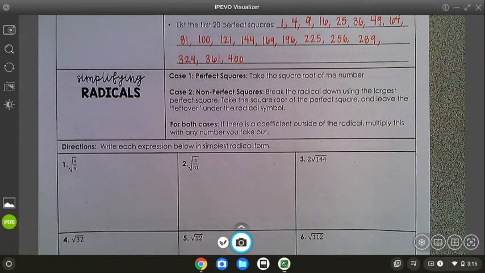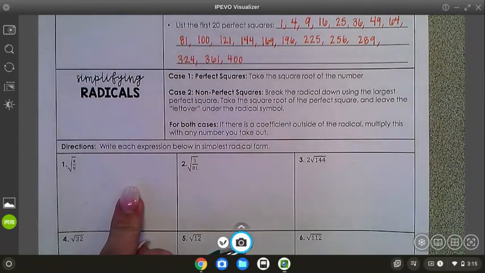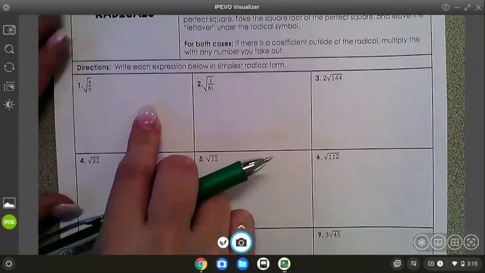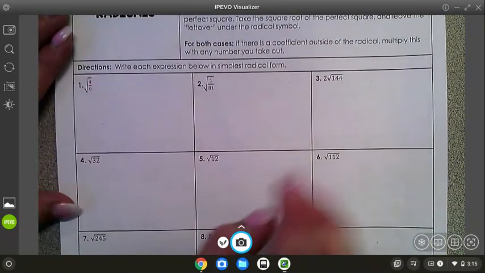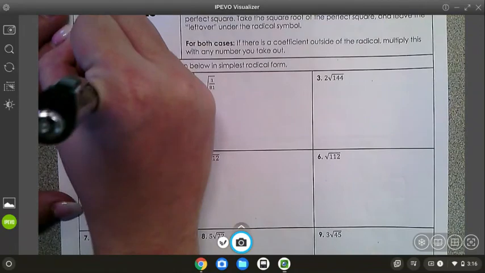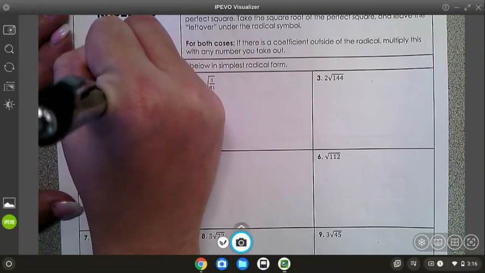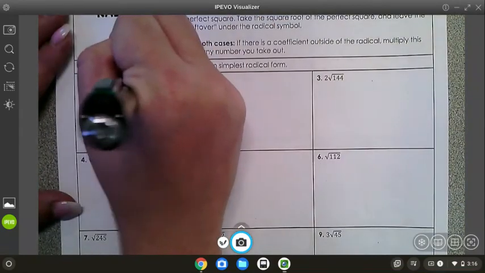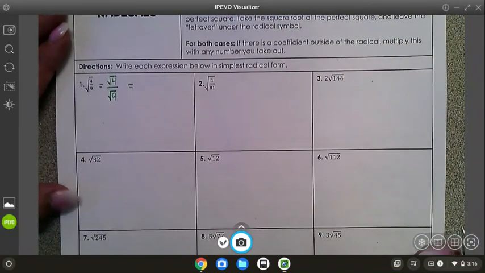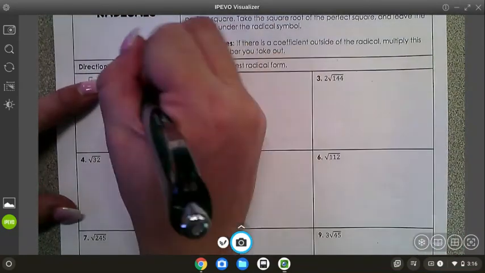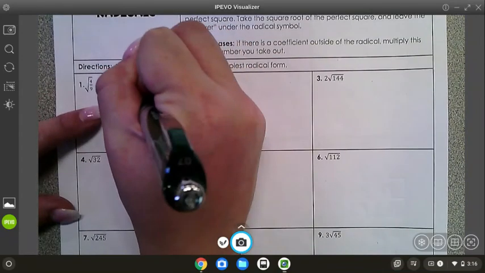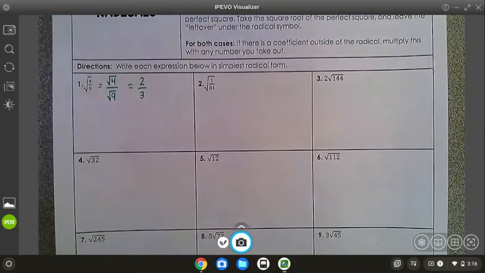So let's look. Now these first two examples are just fractions. If you have the square root of a fraction, that's the same thing as putting the square root in the top and the square root in the bottom. Just like that. And the square root of 4 is 2. The square root of 9 is 3.